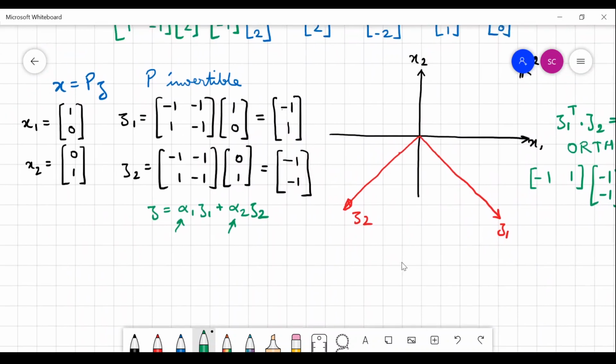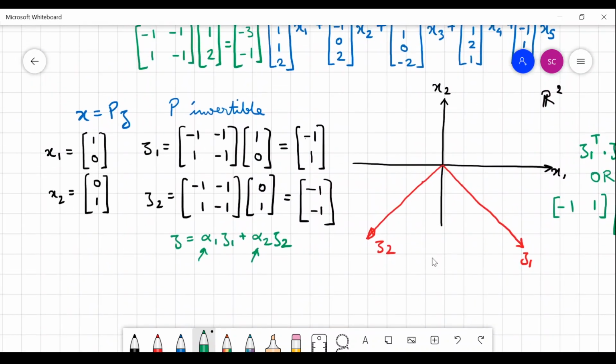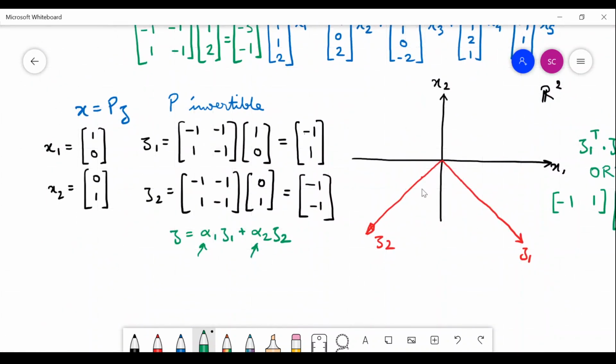However, the condition that we are interested in, so that we can call two vectors the basis of a vector space, now I am using another term called the basis. As the basis of a vector space, the condition we are interested in is not orthogonality as such, but independence of the vectors.